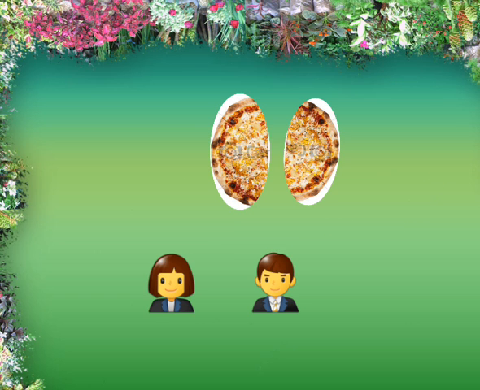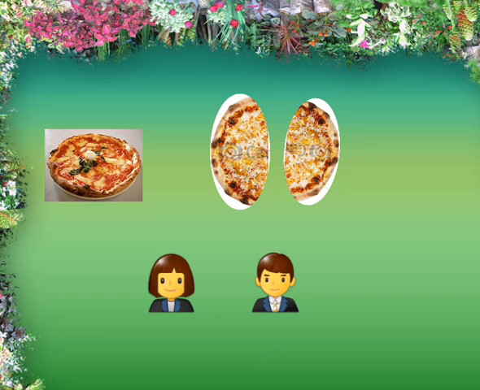Yes, she cuts the pizza into 2 equal parts. That is, she divides the whole pizza into 2 equal parts. So Ramu gets this one part and his sister gets another part. That is, one whole pizza divided into 2 equal parts.